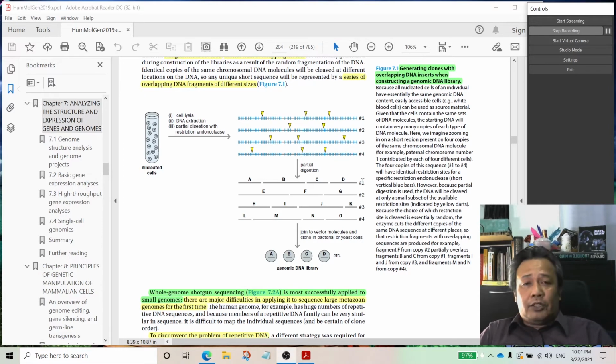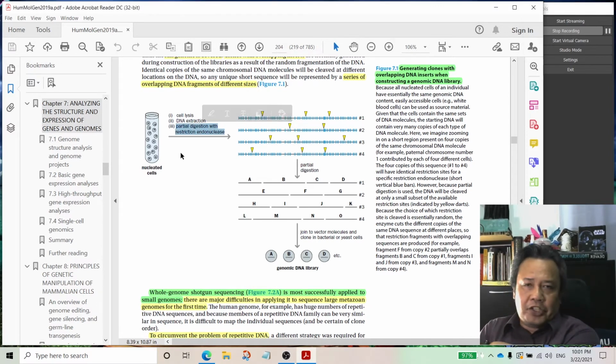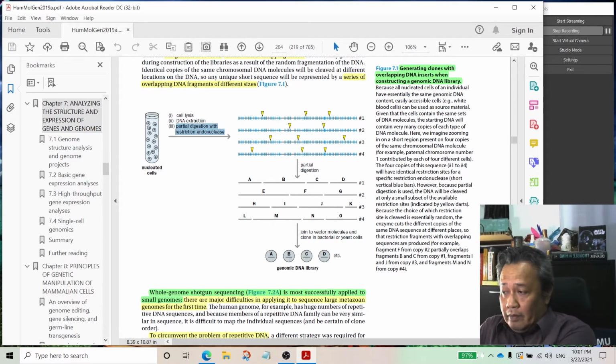This tells you a piece of DNA is cut with an enzyme, and if you cut with the same enzyme, you'll get the same fragment. If you can follow my mouse, it says partial digestion. Partial digestion means it doesn't cut all the sites. In this figure, numbers 1, 2, 3 and 4 are 4 copies of the same chromosome.